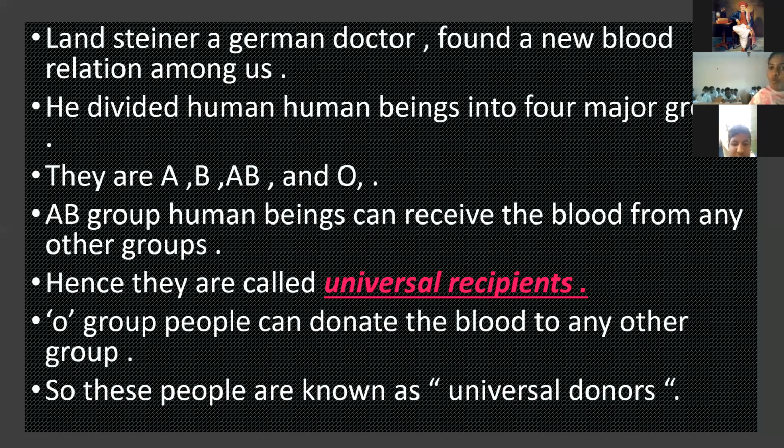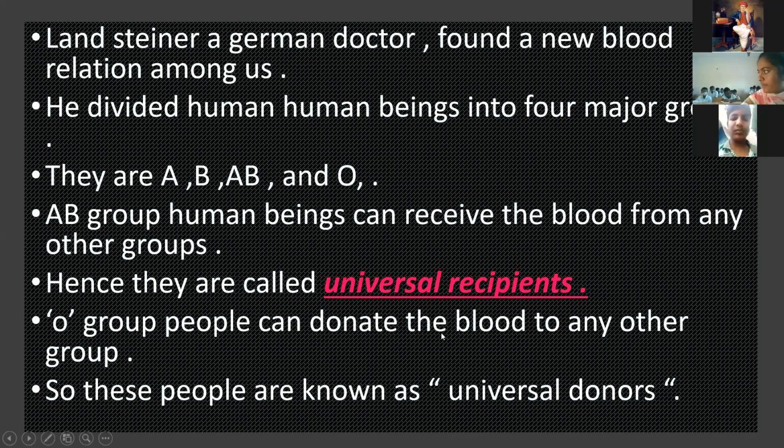And O blood group people can donate blood to any other group, whether A group, B group, or AB group. These are all the groups that can receive the O blood group, so these people are known as universal donors.